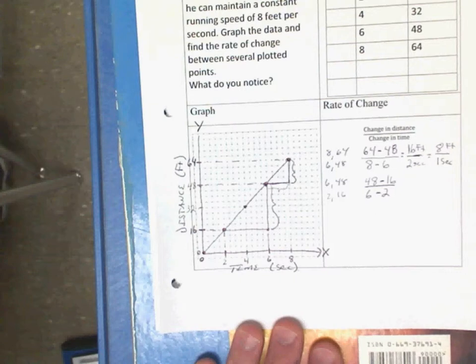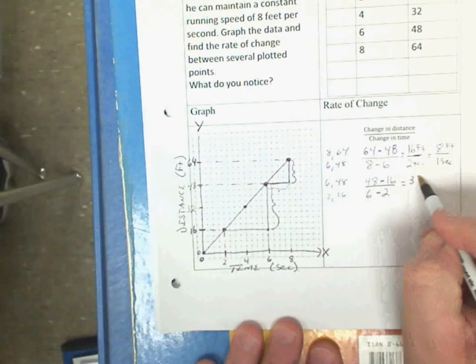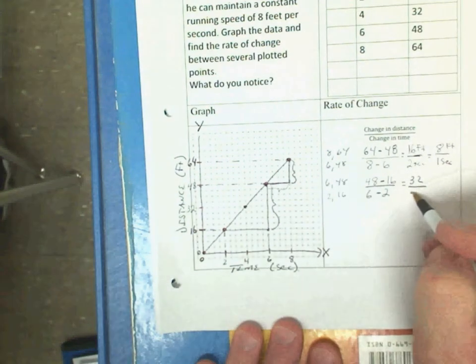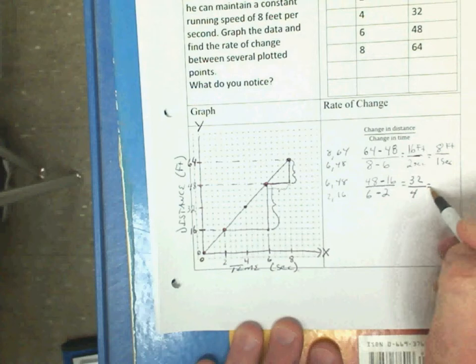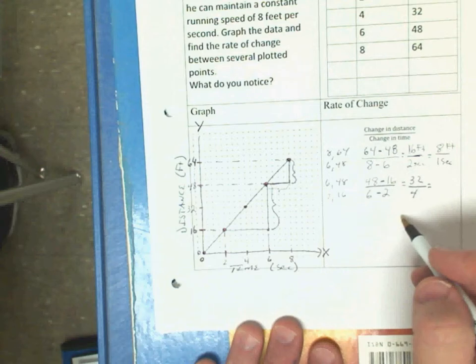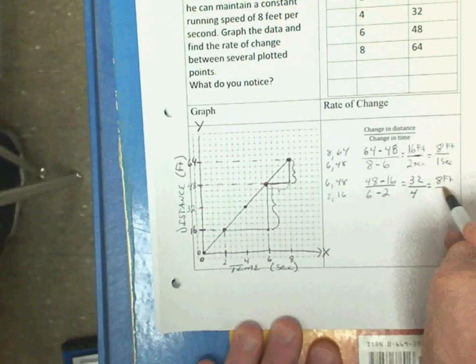Alex? 32. What's 6 minus 2? 4. Okay. What is 32 over 4? Simplify down to? Divided by 4, so it's 8 over 1. All right, so I get 8 feet all over 1 second.